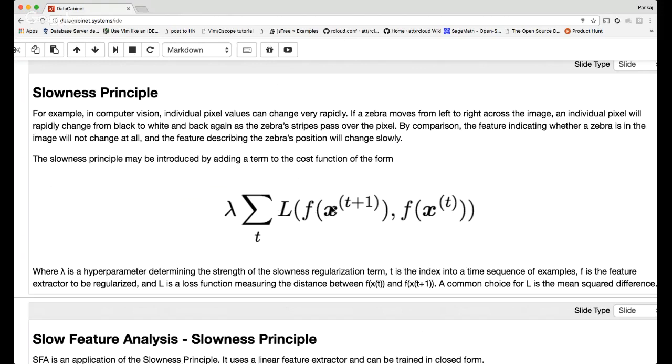Let's suppose f takes an image and gives out the zebra's location and presence in the picture, and you compare it with the previous picture, and you put a loss function, for example the mean squared difference of the zebra's location, scaled by some sigma and summed over time. By optimizing this, you can get the parameters of f. Then if you find f, you can bring x down to the zebra's location.